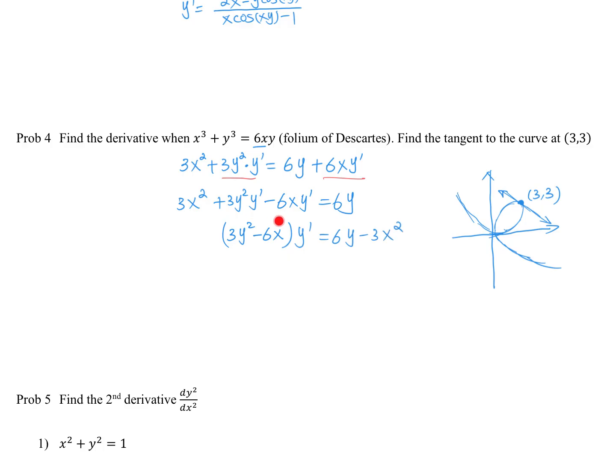Again, factor out the y prime from these two terms. And finally, y prime is equal to (6y minus 3x squared) over (3y squared minus 6x). And you can see there's a factor of 3 here, we can divide by 3. We have (2y minus x squared) over (y squared minus 2x).